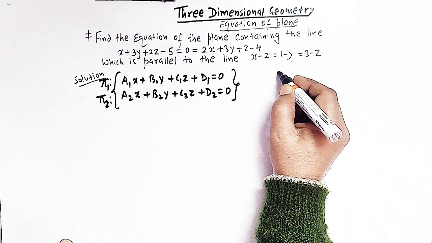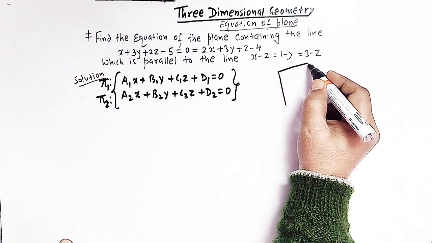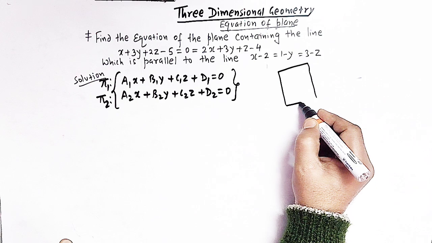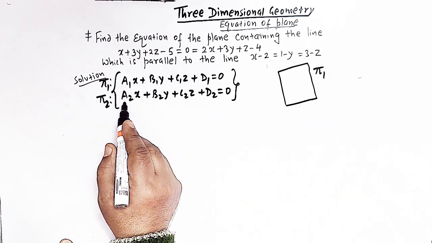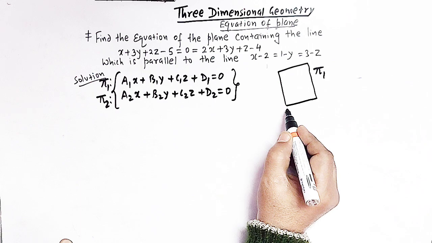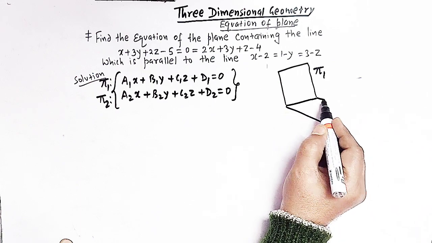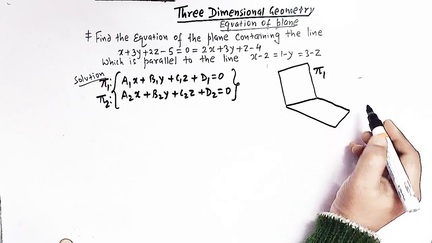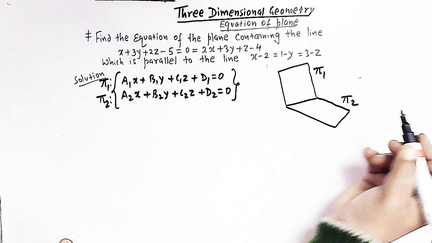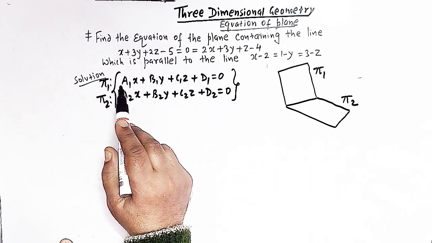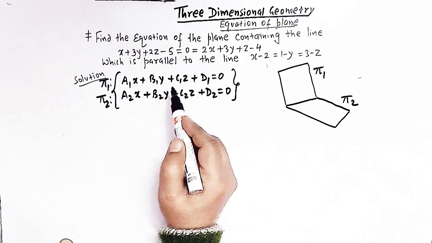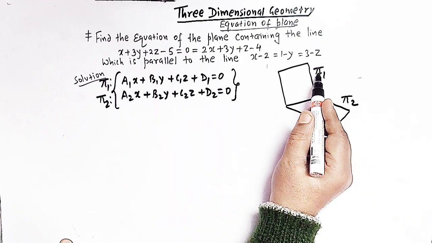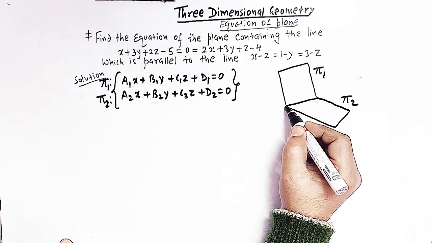Suppose the plane pi 1 is like this. Here we are drawing a rough diagram. This is the plane pi 1, and the plane pi 2 is suppose like this. Now if we take the combination of the equations of two planes like this, then these two planes intersect in a line.